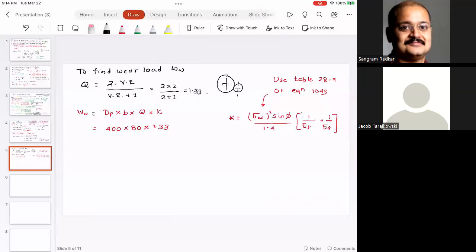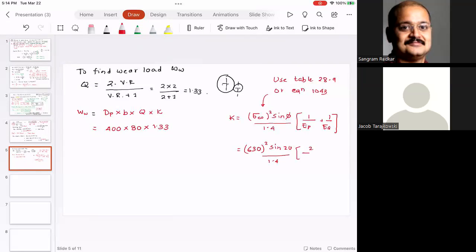So sigma ES, that value for steel, you can choose to be 6. I've used 630. So sine 20, 1.4.